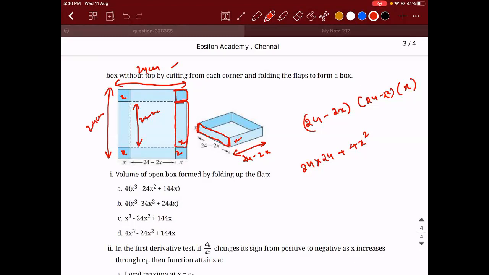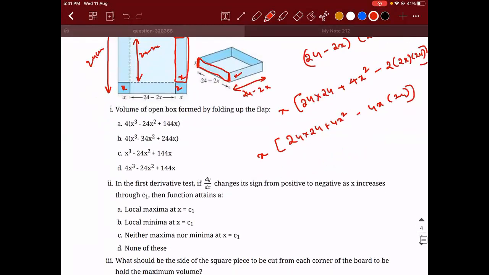Okay, sir. So 24 into 24 plus 4x square, minus, actually it is (a minus b) the whole square, minus 2 into 2x into 24, the whole multiplied with x. So x into 24 into 24 plus 4x square minus 4x into 24.